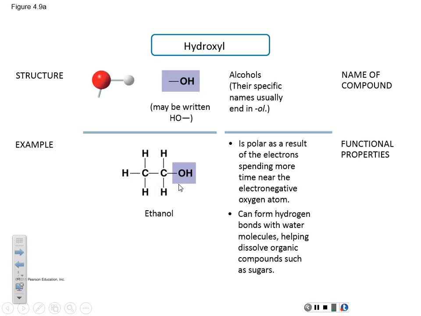I may quiz you on the test and say what kind of compound is this? And the choices would be something like an alcohol, an amine, an aldehyde, a ketone, right? I'll give you those sorts of things. One of the 7, is it a phosphate? I'll give you those sorts of things. This, because it has a hydroxyl group, you would say is an alcohol. Okay?